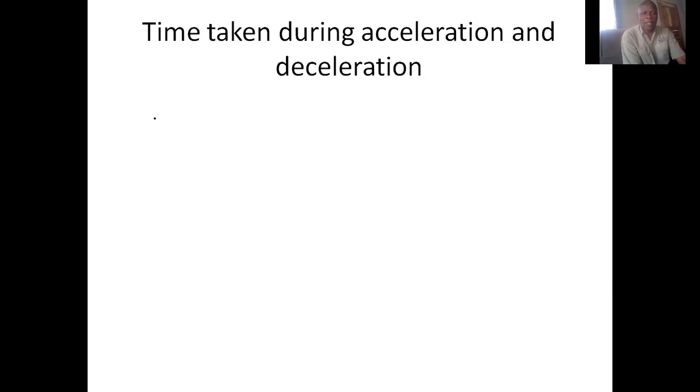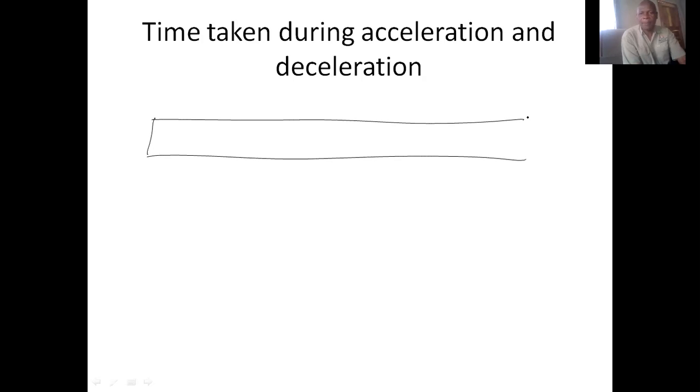In other words, if you have your ticker tape timer, with your initial velocity there and your final velocity there, the time it takes to move from the initial velocity to the final velocity is what is known as the time taken.